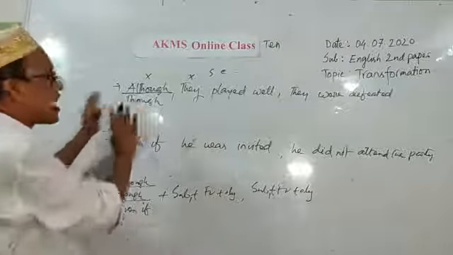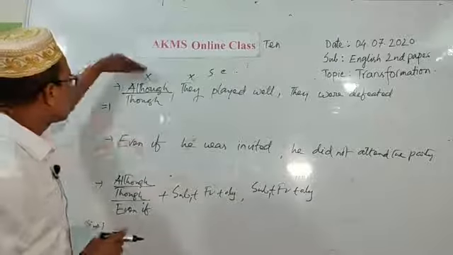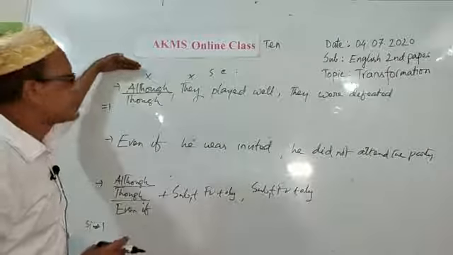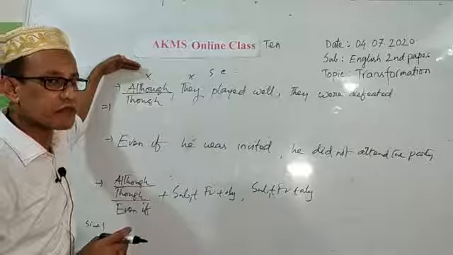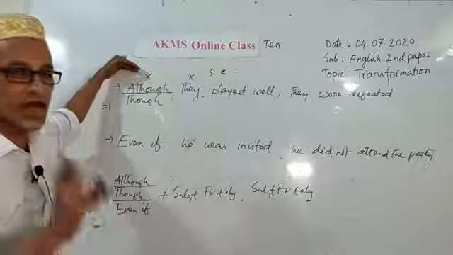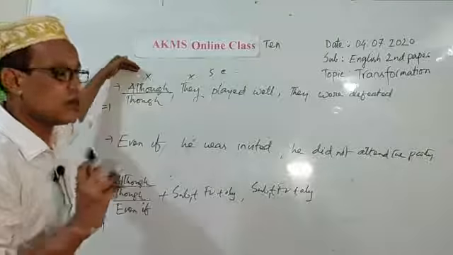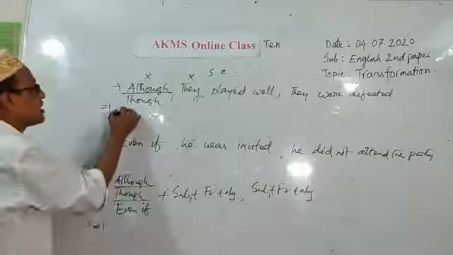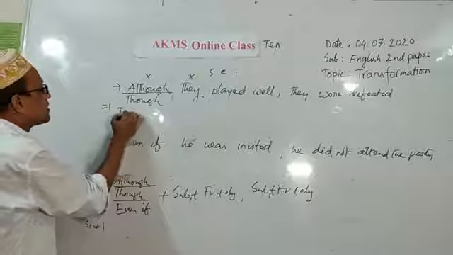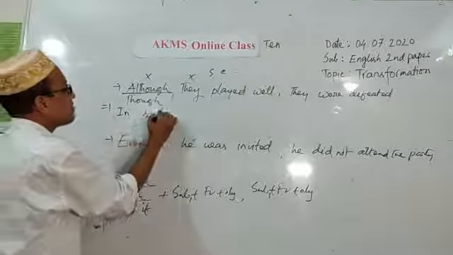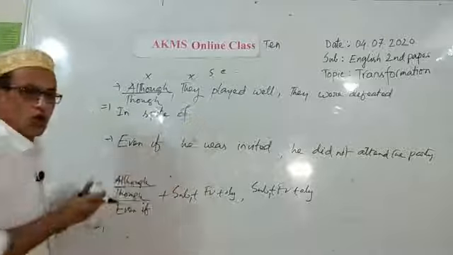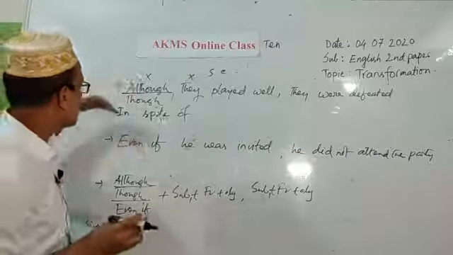Then what can I use in lieu of though, although or even if? In place of though, although or even if, I can use two linkers. And what are these linkers? In spite of. All of you know, though, although, even if.